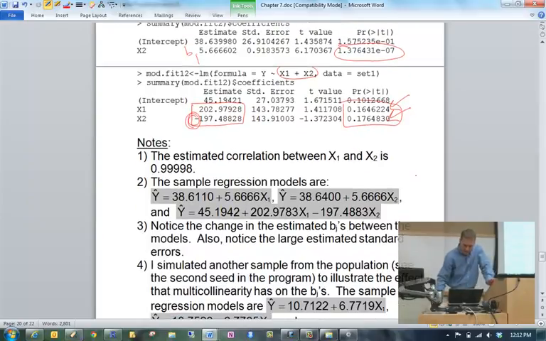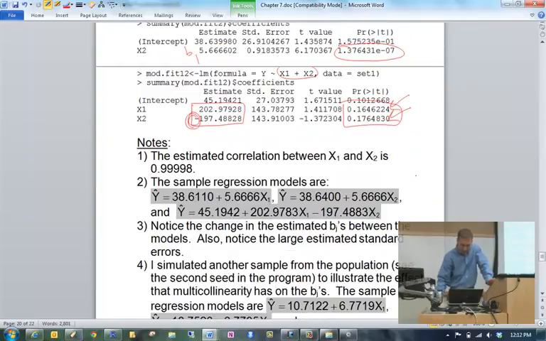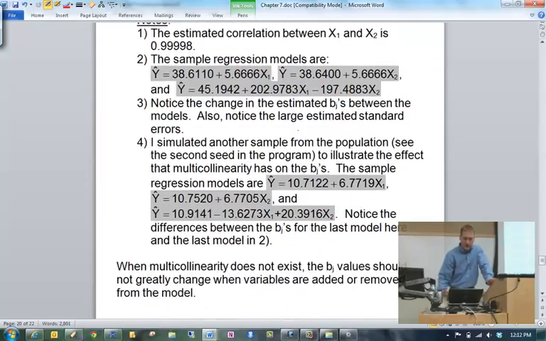Also, notice how these standard errors are extremely large now compared to what they were before. Now, just to emphasize that point, I simulated another data set. Did the exact same thing that we just got done doing, and there's my estimated model.